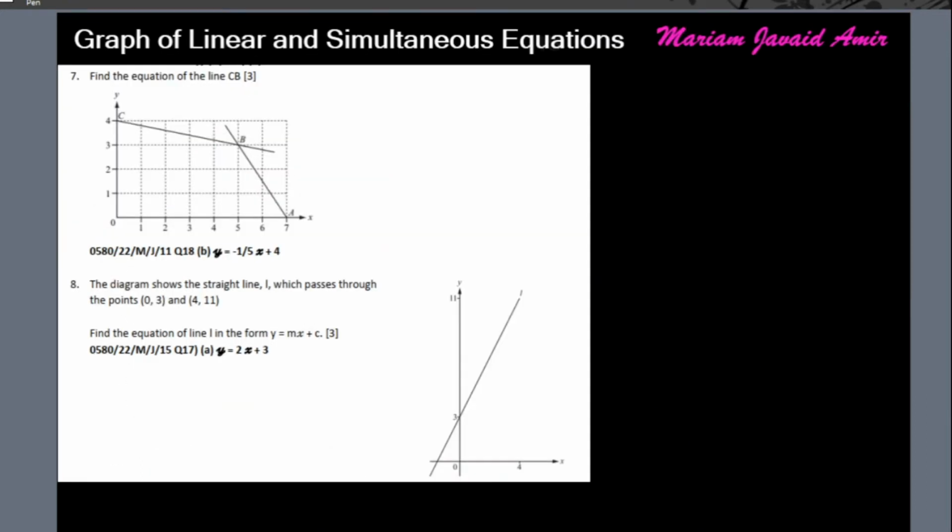Question 7, which says find the equation of line CB. So again, the equation of a straight line is simply y equals mx plus c. Now we have to substitute the values. C here is where the line cuts the y-axis, which is 4. Next we need to find its m.